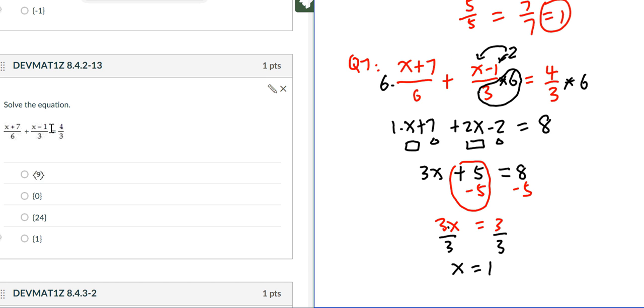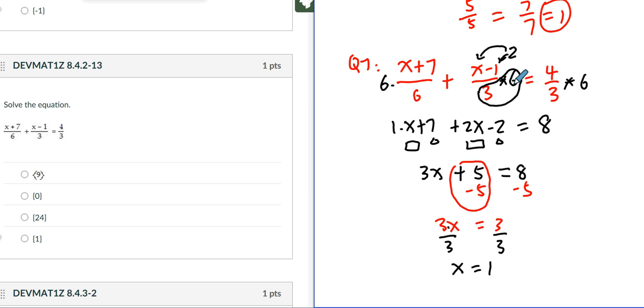And here x minus 1 over 3, written in red, equals 4/3. Again, step 1, eliminate denominators, everywhere multiplied by 6. So the 6s cancel each other. First one, we have x plus 7 left here.